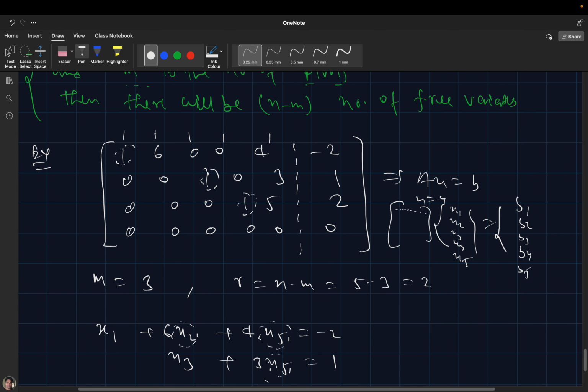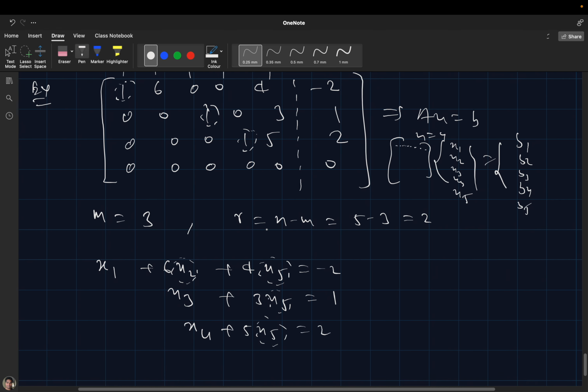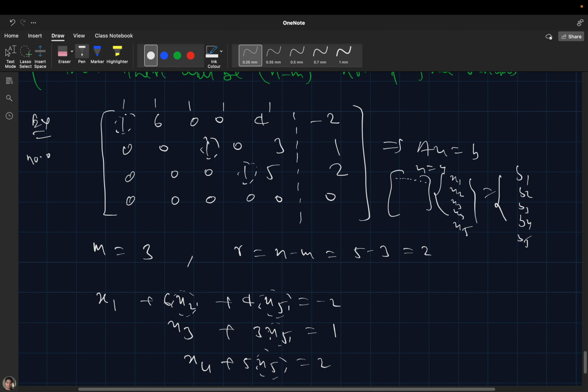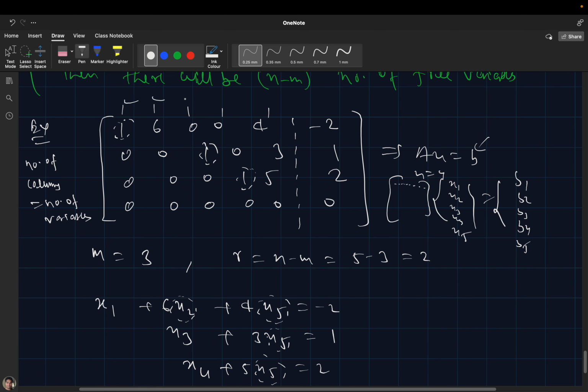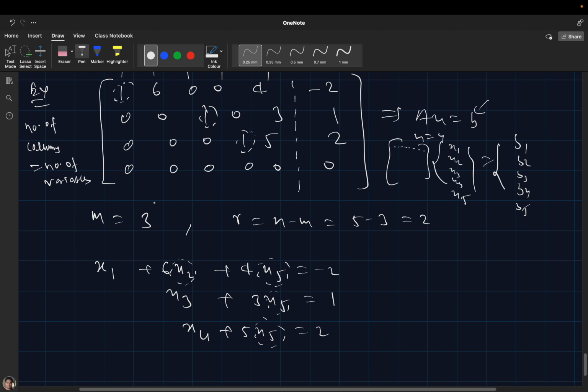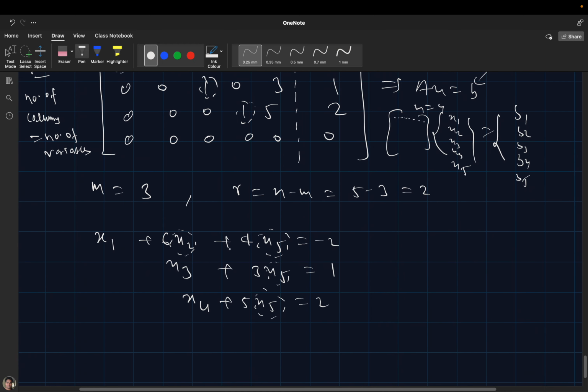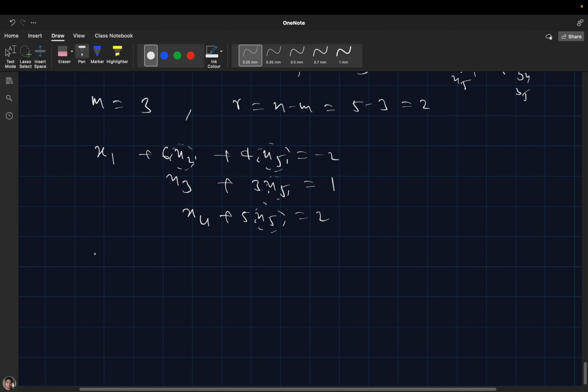So the number of columns equals the number of variables. You cannot count the column represented by the value b; only the other columns represent the number of variables. So here x1, x3, x4 are leading variables.